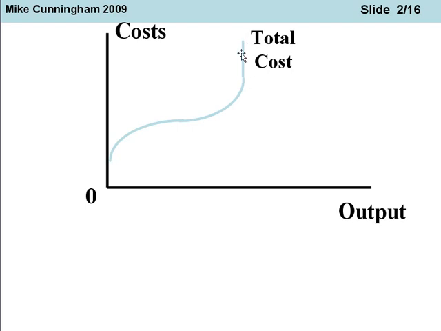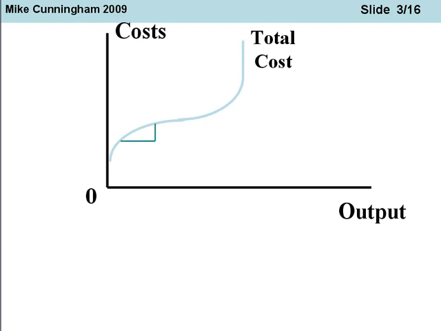In other words, you can't increase output beyond this point. So that would be an intuitive or a very simple explanation as to why the curve is this particular shape. But we use this shape, generally speaking, to derive our average and marginal cost curves and show the relationship between the two of them. So let's work with this one and see where we get to.